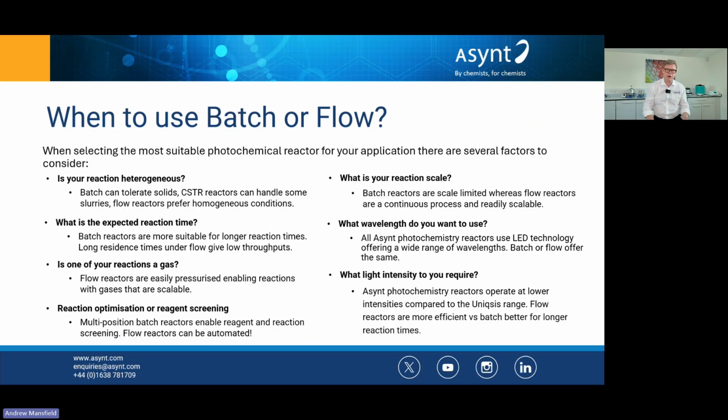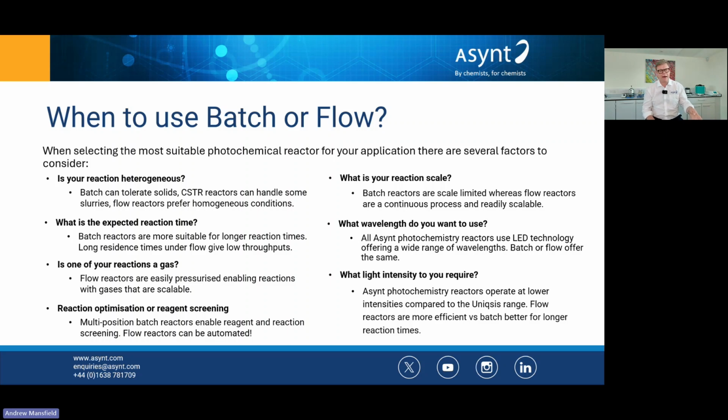So the other question to ask is reaction time. Some photochemistry reactions are very dilute and take a long time. Some of them are just slow. We could potentially increase that with higher light intensities and more efficient redox catalysts. But if we've got a long reaction time, then batch methods will be preferable.